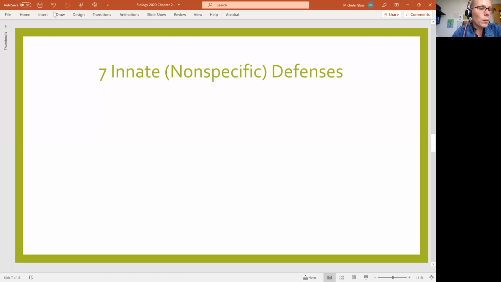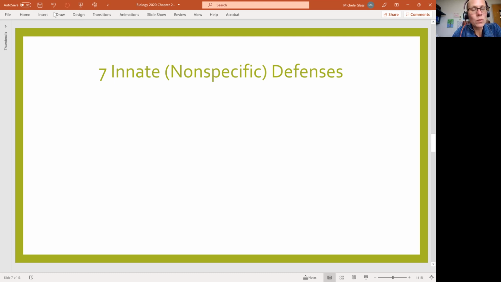When we think about our lymphatic system as providing defense, we're going to see that there are two broad categories. The first broad category that we're going to work with are the innate, or we can call them non-specific defenses.